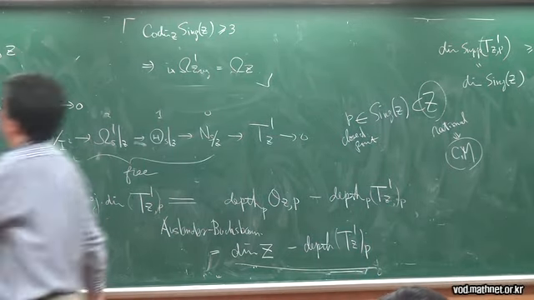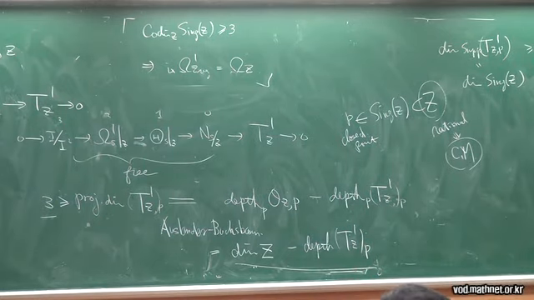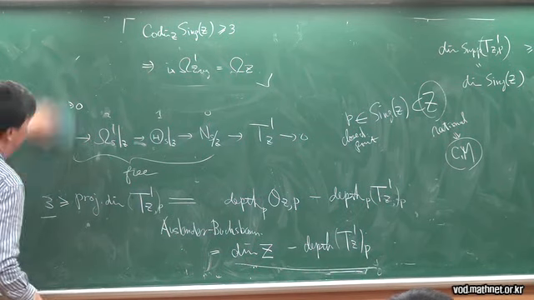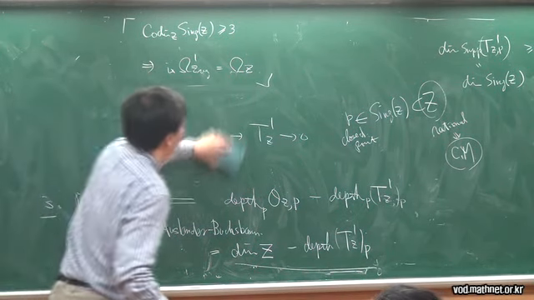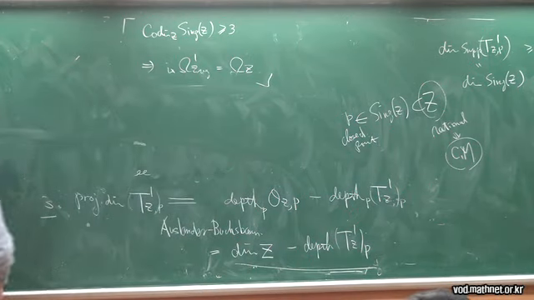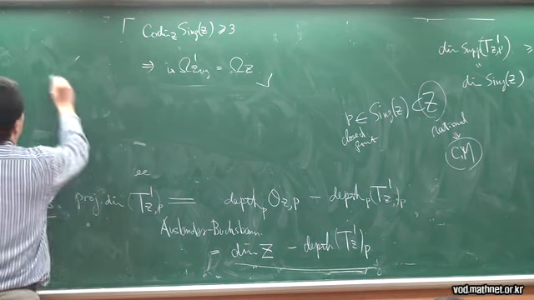So I want to prove this. This is all some sort of local cohomology. So we have the following exact sequence of local cohomology sheaves.